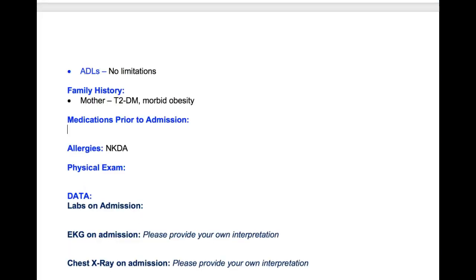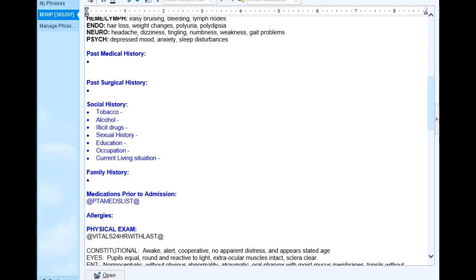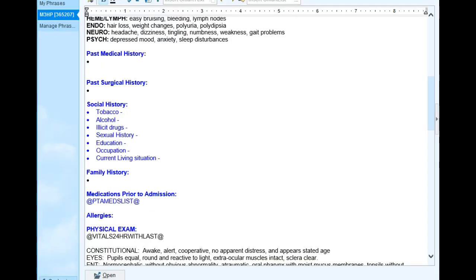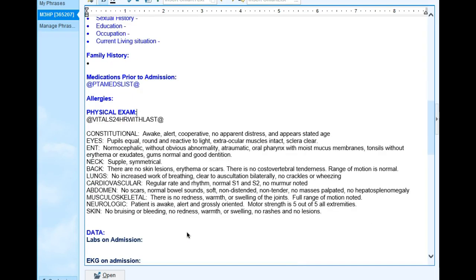Allergies, again, as long as you clarify with the patient that the allergies that are in the system are correct, you can certainly use auto population, but it needs to be verified. I don't want it to just be an automated thing. Okay, with your physical exam, your vital signs, again, I wouldn't necessarily type in those things independently.